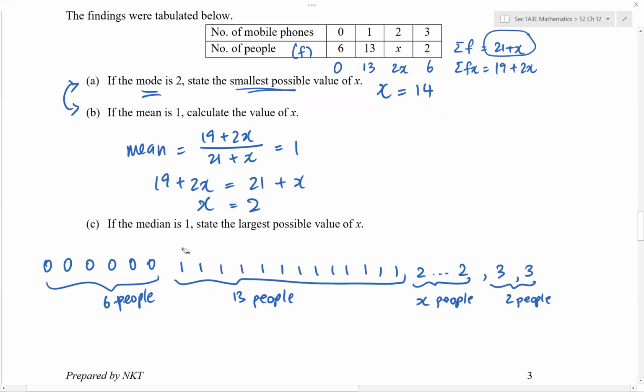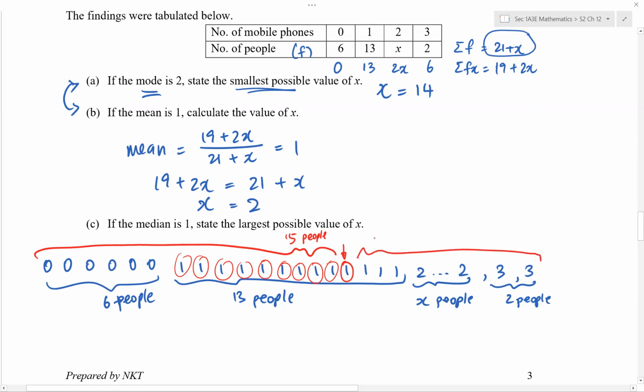Okay, so you continue down the line, until you reach somewhere perhaps here. Let's just do a quick count. 6, 7, 8, 9, 10, 11, 12, 13, 14, 15. We've got 15 people over here. So if this value of 1 is the median, it means that there are 15 people here as well, right?